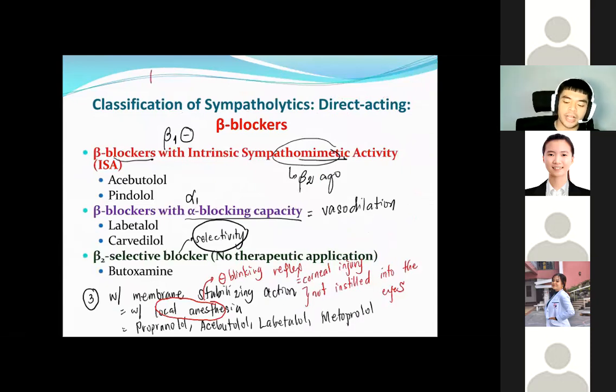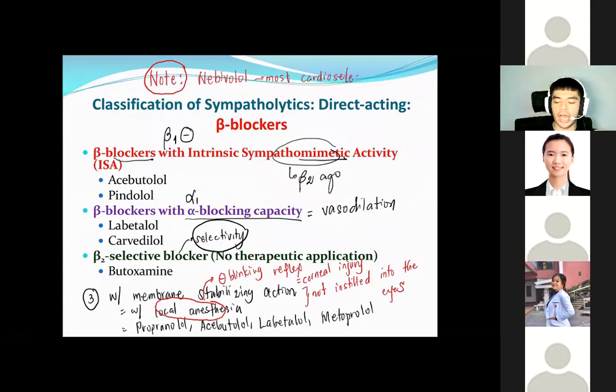So bago tayo mag-health break, tingin kayo sa taas ng PowerPoint, meron akong idadagdag na special beta blocker kasi wala siyang specific group dito. Lone siya, and that is nebivolol. Nebivolol is deemed as the most cardioselective beta blocker.